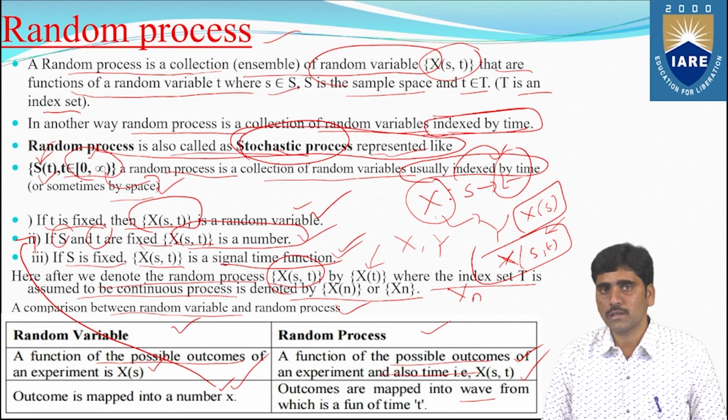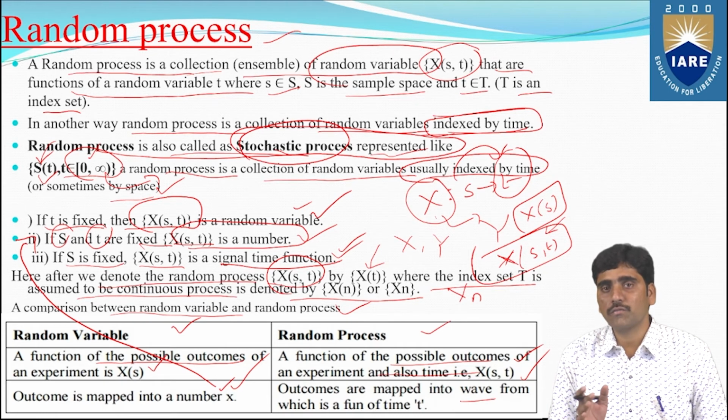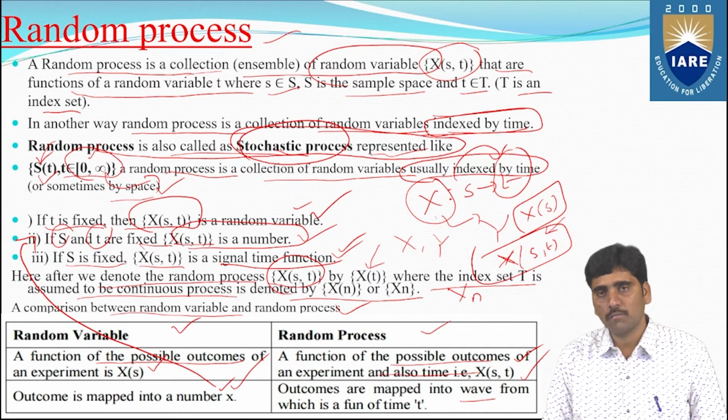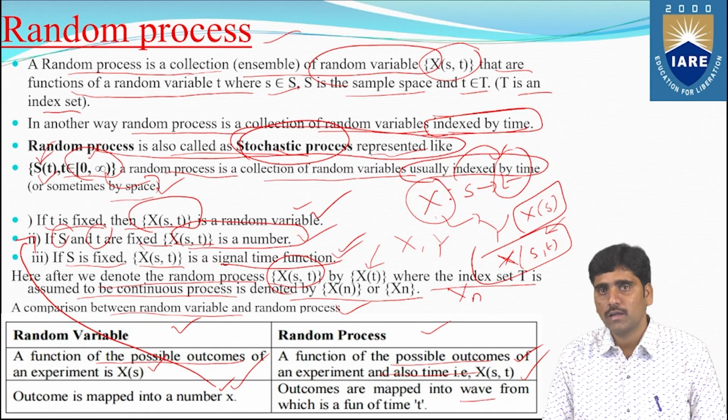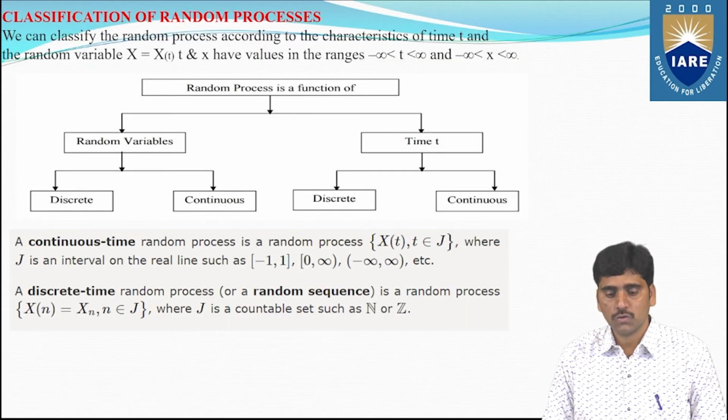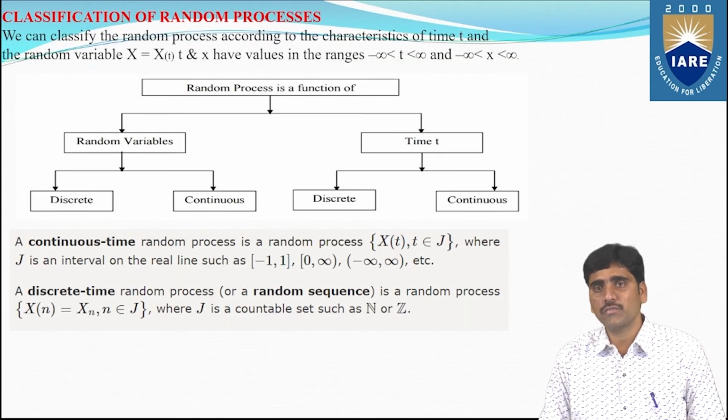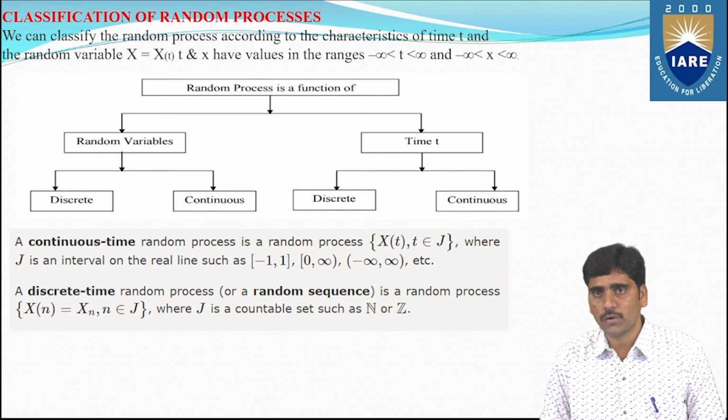A random process is nothing but a collection of random variables indexed with the time. So that is nothing but x of s comma t. For a random variable, you can directly say that x of s belongs to r. Right? So we'll see here the different classifications of the random process.